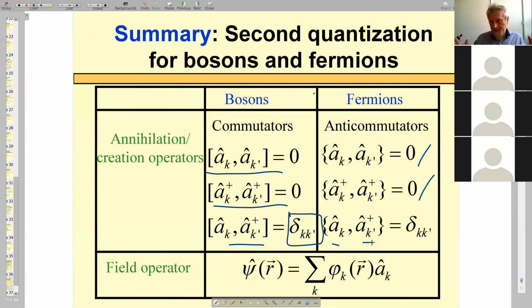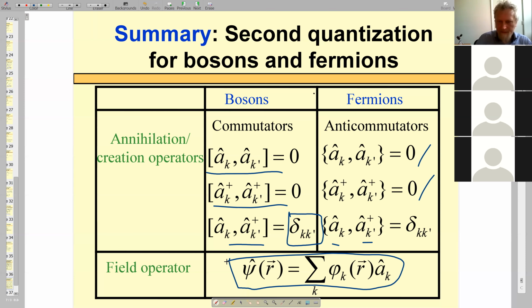Fine. Field operator. From the operators in level representation, we can go to any other representation. Convenient representation is coordinate representation. Here's the field operator. Formally, I would put also sigma here for fermions, but for simplicity, I didn't do this.